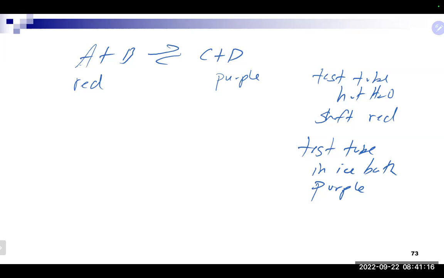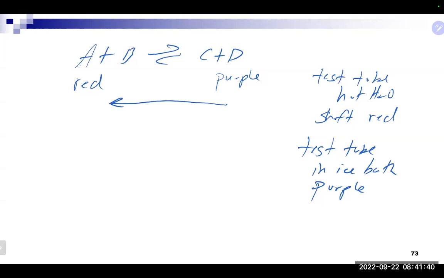So let's reason through this, shall we? Let's start with the first observation we made. I put the test tubes in hot water. Like, that would mean, am I increasing temperature or decreasing? Increasing. And I saw it shift to the red hand side, right? So by increasing the temperature, I saw it shift this way.